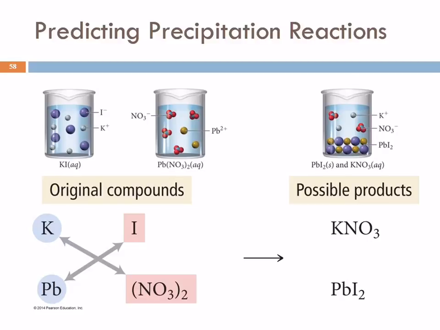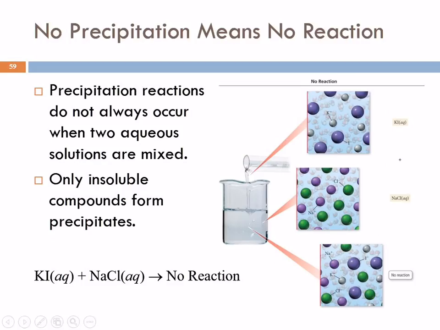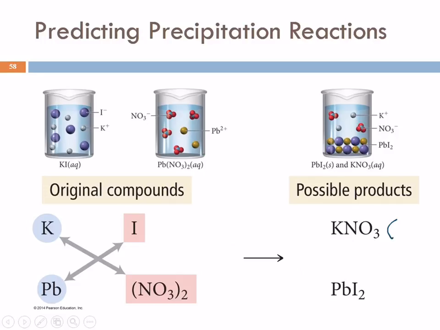So this can't be the precipitate. So that one's aqueous. And then lead iodide, okay, we went down, there was the potassium, lithium row, and then there was nitrate and acetate, and then below that were the halides, chloride, bromide, and iodide, generally soluble, except with silver, lead, and mercury. And so here we have the lead 2 with iodide, and so this is going to precipitate. It's going to form a solid.